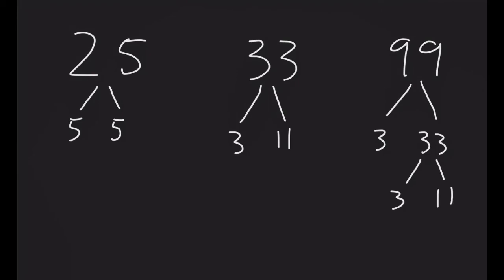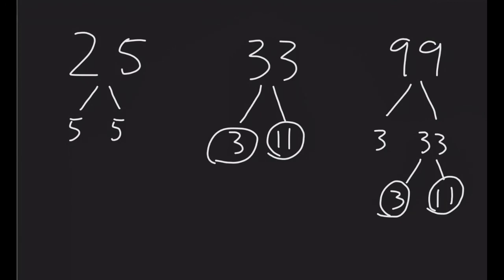So the repeating prime factors here are 11 in 33 and 99, and then also 3 again in 33 and 99. So let's multiply them. All right.